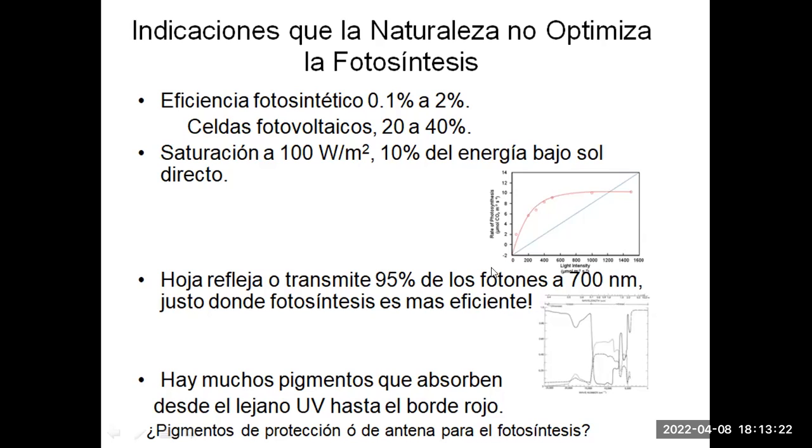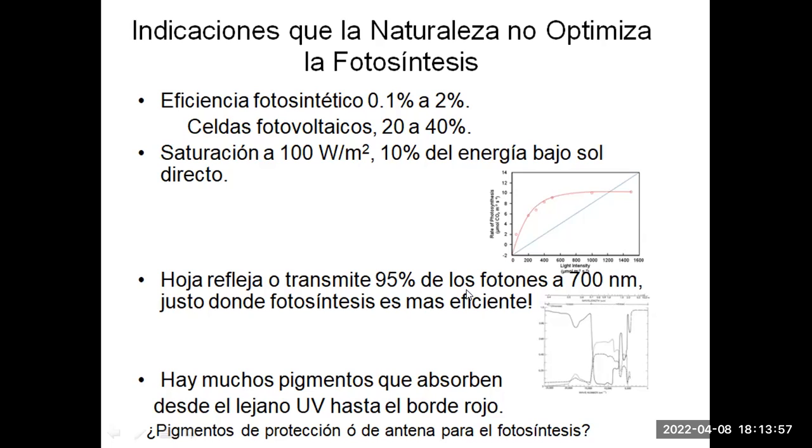So only the light coming from the red absorption peak, or the light coming from the blue absorption peak in chlorophyll which is dissipated to the red, can be used for photosynthesis. So it's only around this 700 nanometers where we get maximum photosynthetic efficiency. And yet, just a little bit beyond 700 nanometers, leaves reflect this light and don't even use it in the plant.